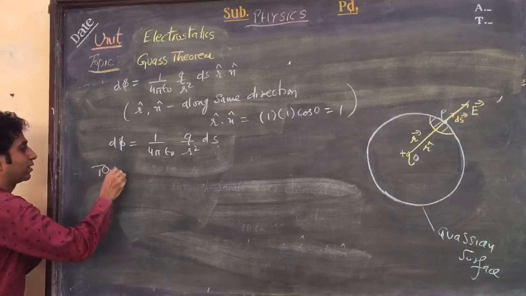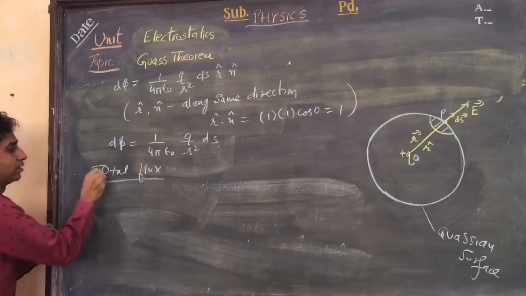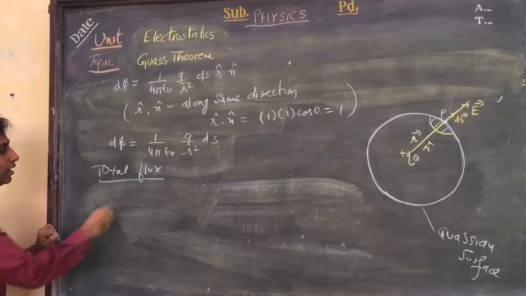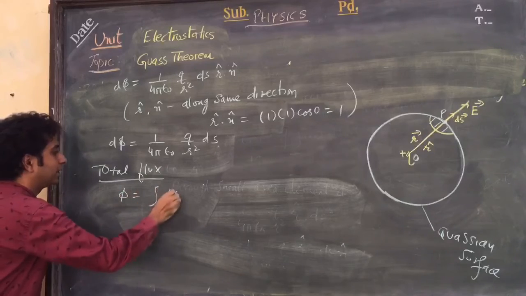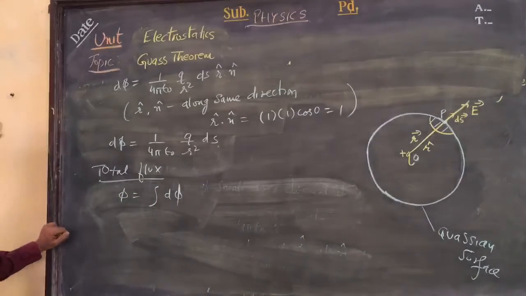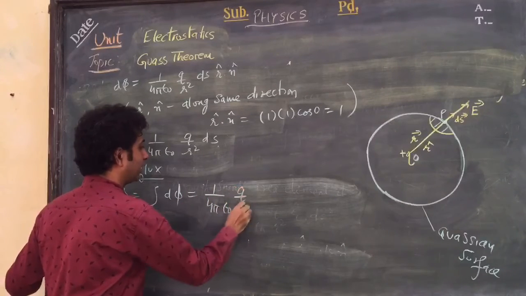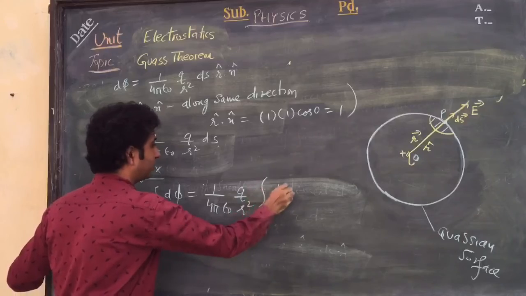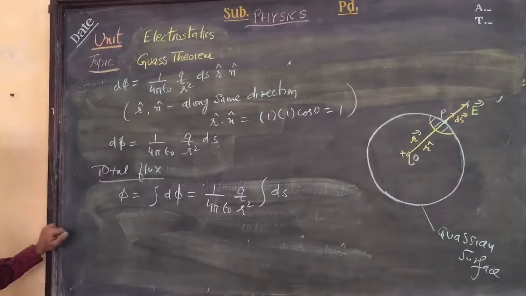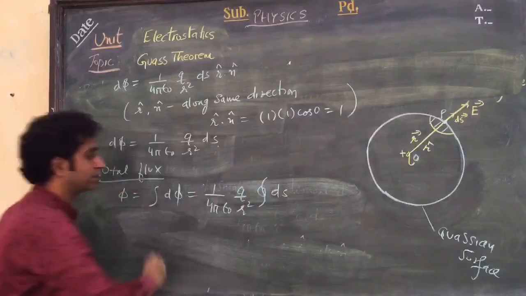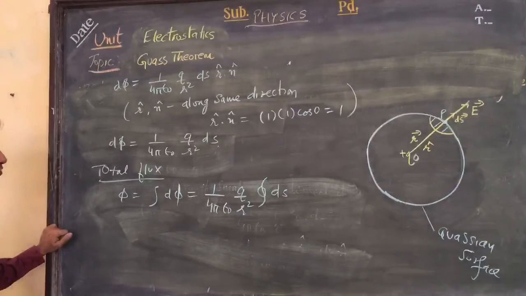If you want to calculate the total flux through the whole surface, then we have to integrate this relation. Integration of d phi comes out to be 1 by 4 pi epsilon Q by r square, integration of dS. You can also put a circle on the integration symbol, which just denotes a closed loop integration.